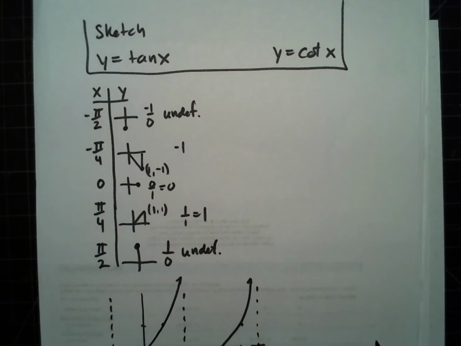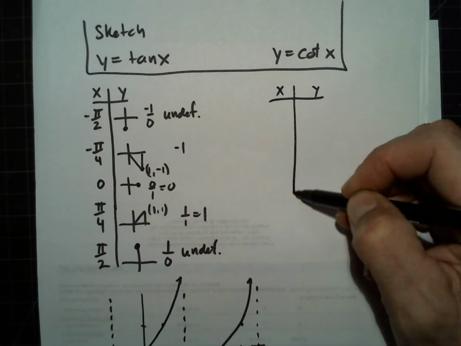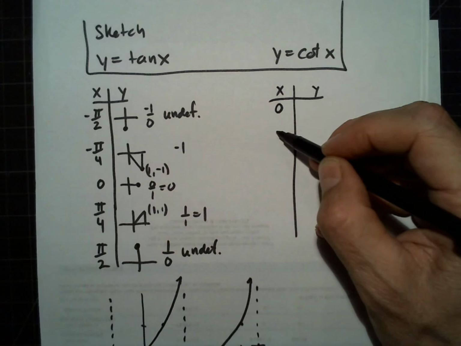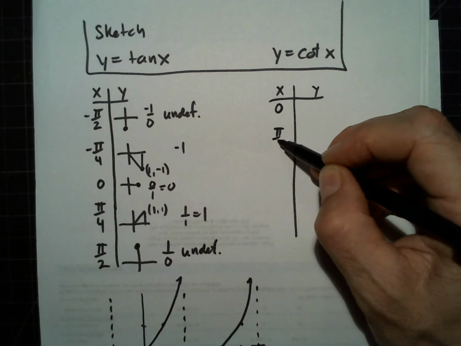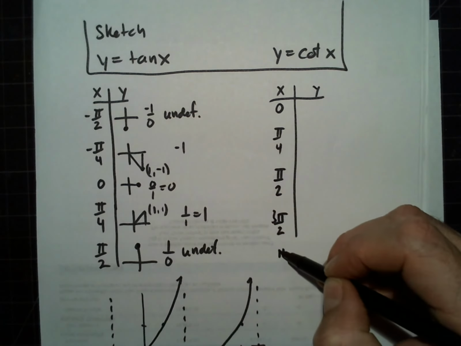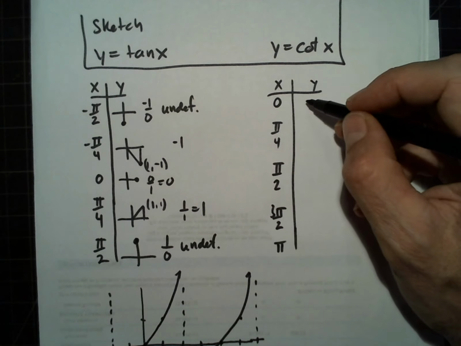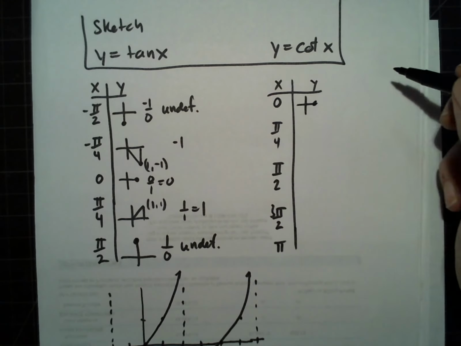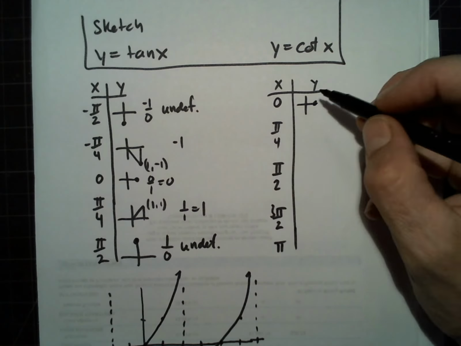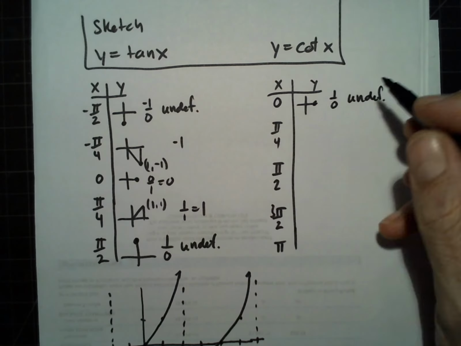Okay, pause the video and you try cotangent, but use these points. I use these x values for cotangent. Try that. So it's 0. Cotangent is x over y, and the x value is 1, the y value is 0, and that is undefined.